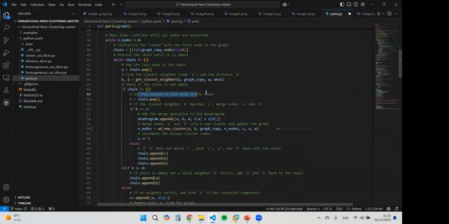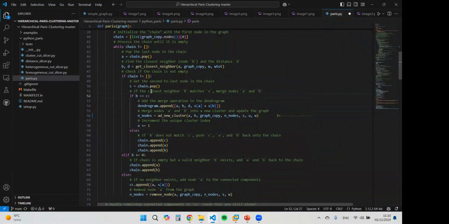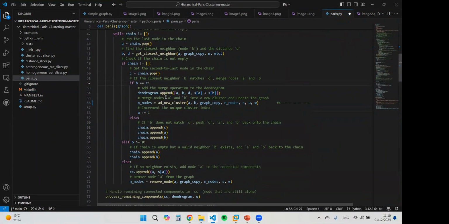So we get a C out of the chain, and if it is B, if it's the nearest one, we keep going. We take the dendrogram and we add the node and the distance, and also we update the new distance overall, like the S of A and S of B.